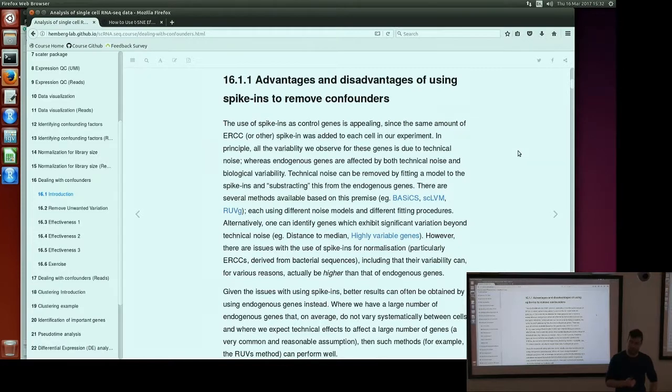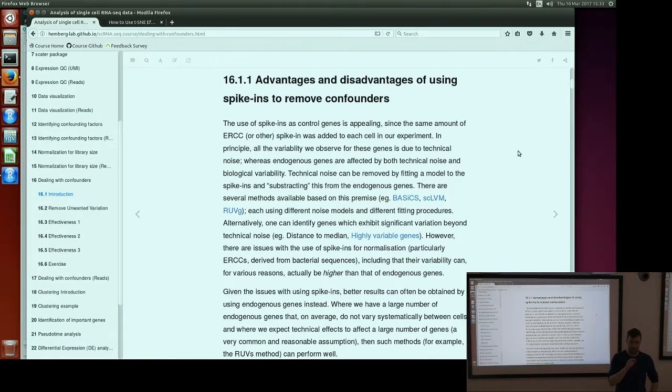There's scLVM, which we mentioned previously, which focuses more on cell cycle factors, but can also be tweaked to try and identify batches as well. And there's a third tool we'll mention here called RUV, which stands for Remove Unwanted Variation, which is, of course, the aim of what we're doing. RUV was developed for bulk RNA-seq, but can be applied in other settings as well.